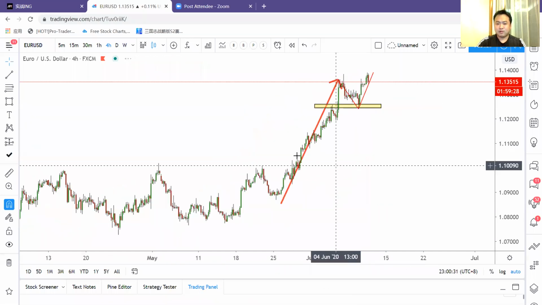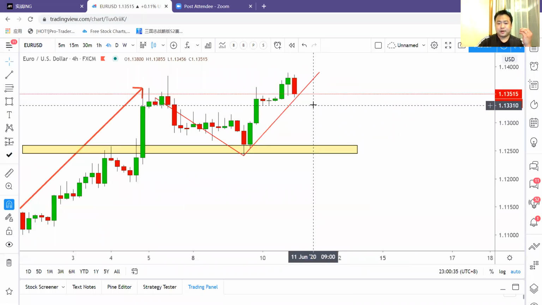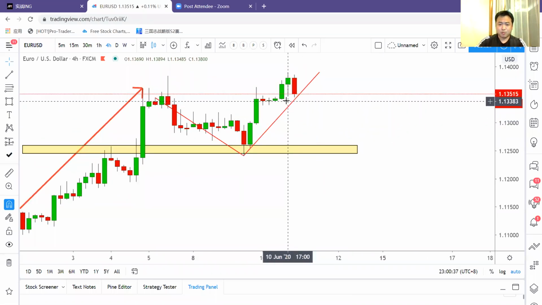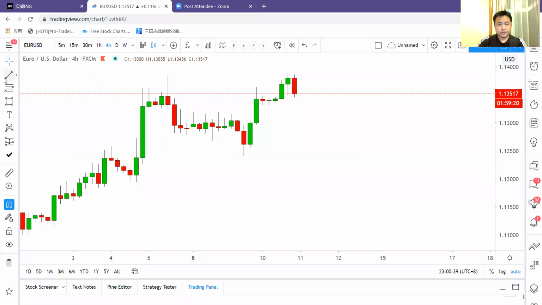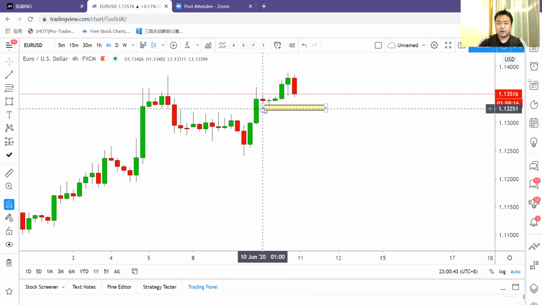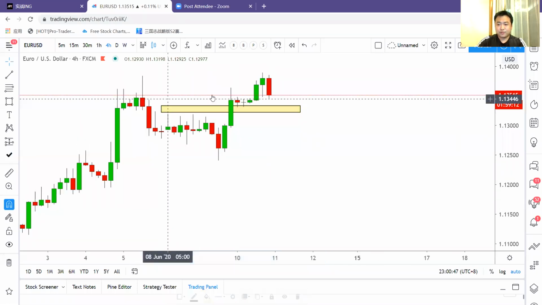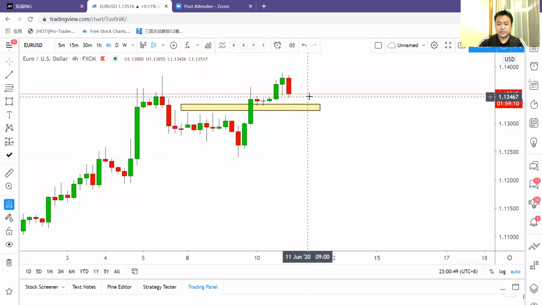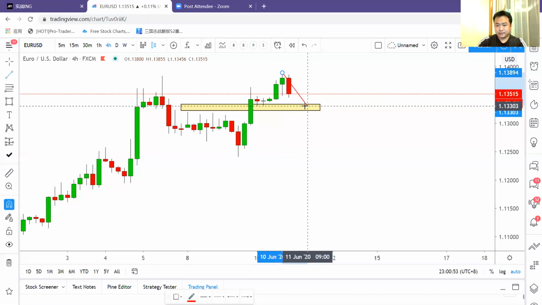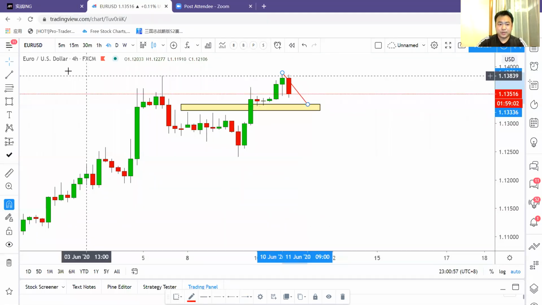Right now, although the euro is coming back, we can still manage to watch this euro dollar level at 1.1331. So draw a horizontal line at 1.1330. Use this as your reference structure, so that as long as the price is maintained above 1.1330, you want to be a buyer.